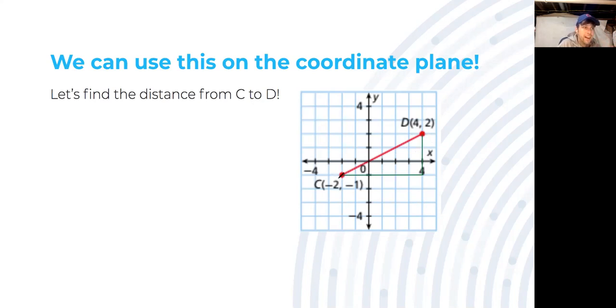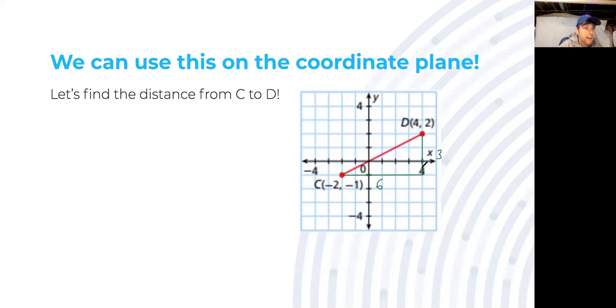So since this line segment here connecting C and D is angled, I can't actually use the grid to count that distance, but I can count this distance right here, and I can figure out that this distance right here is 6 units. And then I can count this distance right here also. It's 1, 2, 3 units.